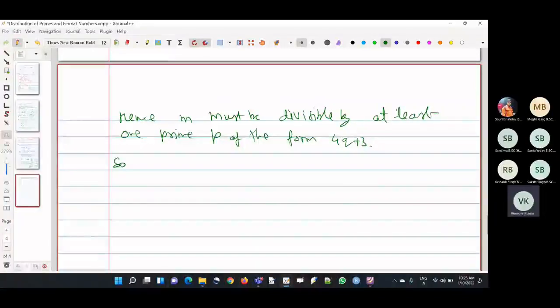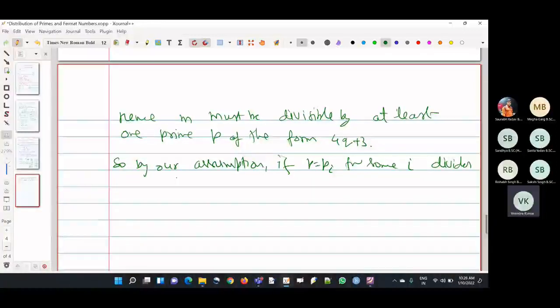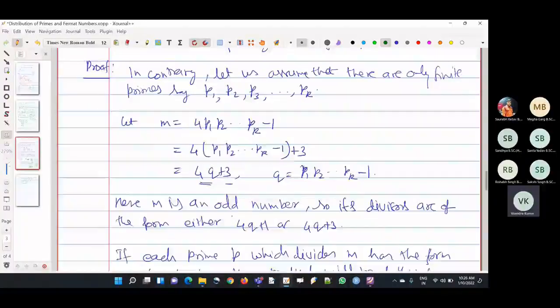Okay, so by our assumption, if p equals Pi for some i, then p divides 4 P1 P2 up to Pk minus m, or 4 P1 P2 Pk minus 1.